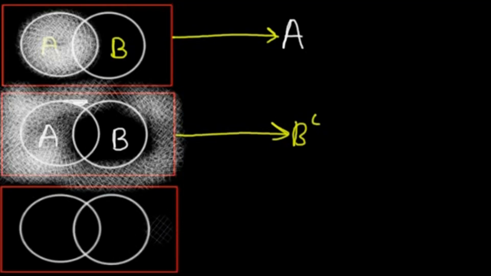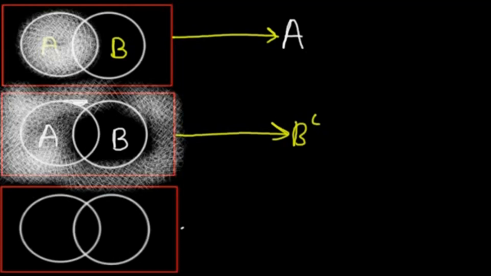Now the next thing we need to figure out is A intersection B complement. Do we find any common region being shaded between the both? Pause the video and try to figure this out.